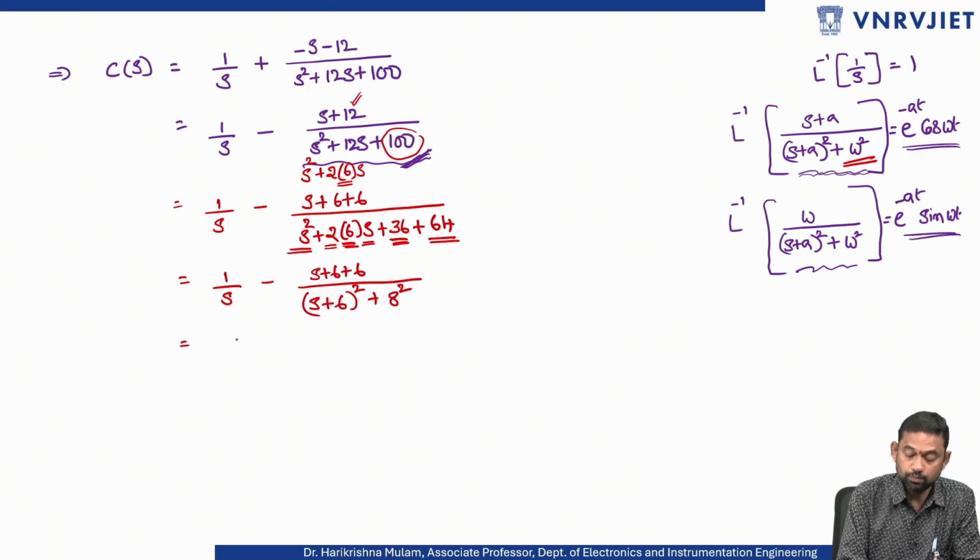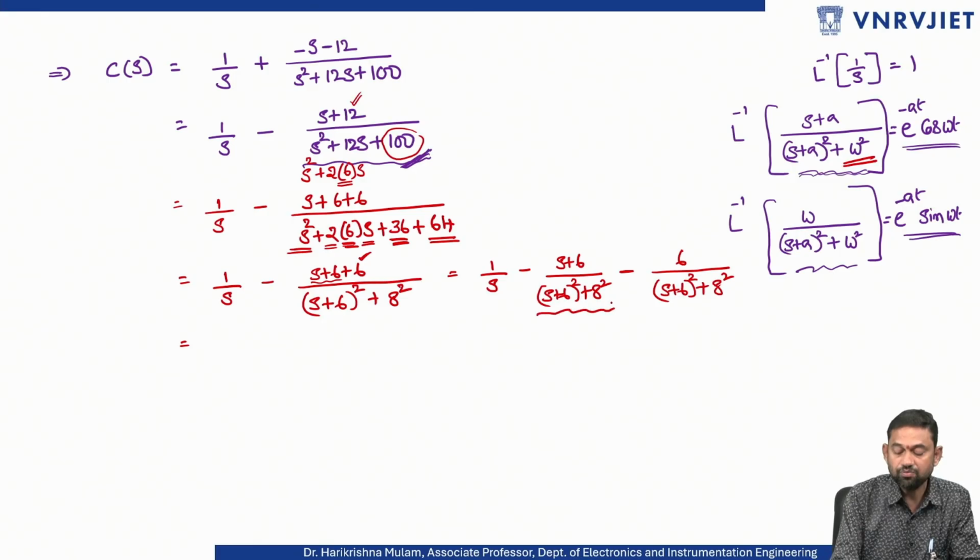So it is 1 by s minus, I am writing up to here, s plus 6 by s plus 6 whole square plus 8 square. What is left over? 6 is there, with the minus sign, so minus 6 by s plus 6 whole square plus 8 square.